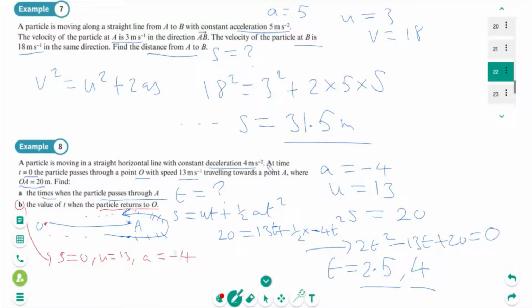So you do the same equation, S equals UT plus half AT squared. So we use the same equation again. This time we'll have 0 equals 13t minus 2t squared.